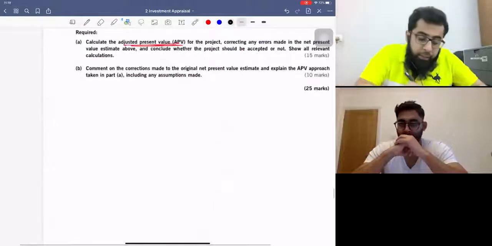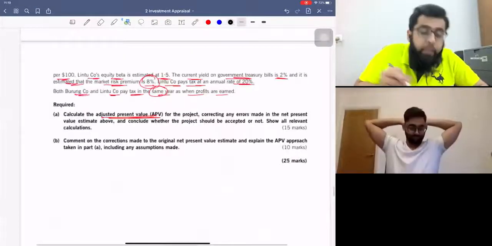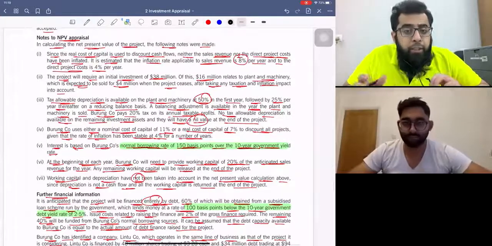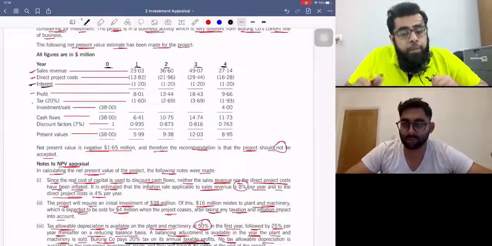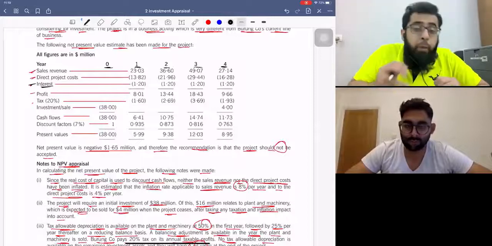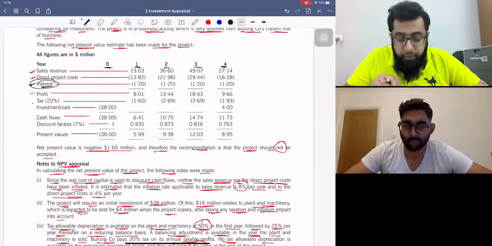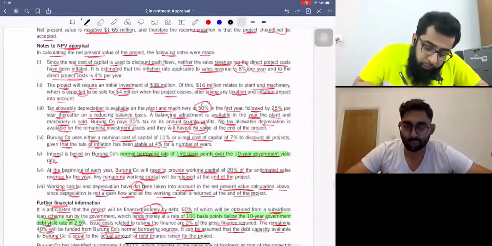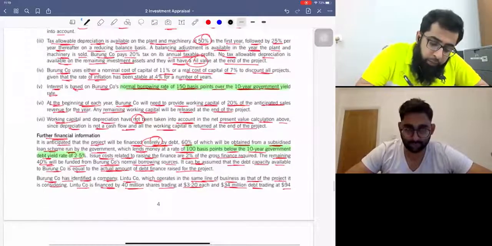Then he has included interest. So interest is not included in adjusted present value calculation because the impact of interest will already be covered through the cost of capital used for discounting. I'll just write a brief note for you so that you will remember it.